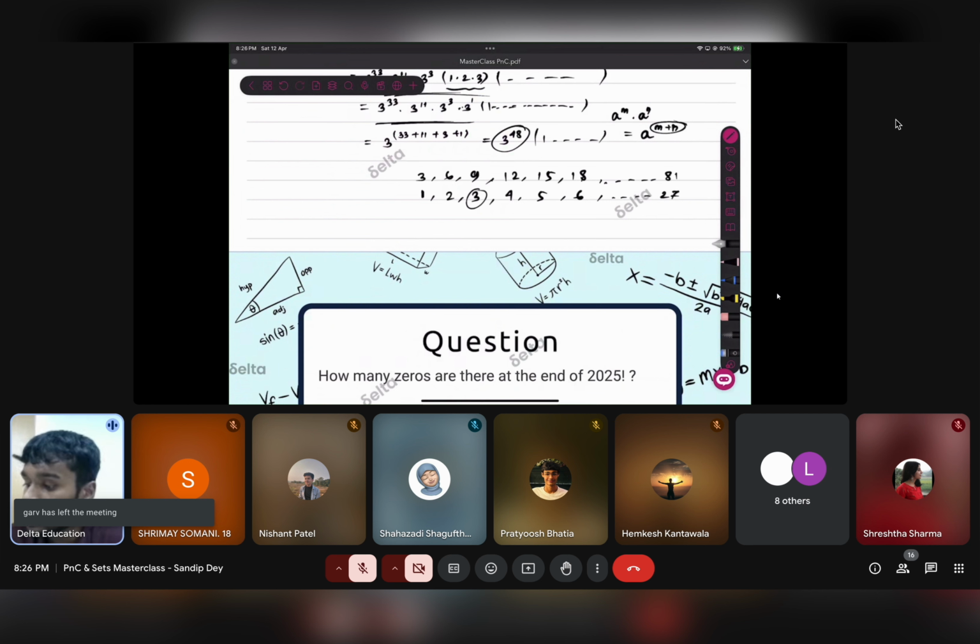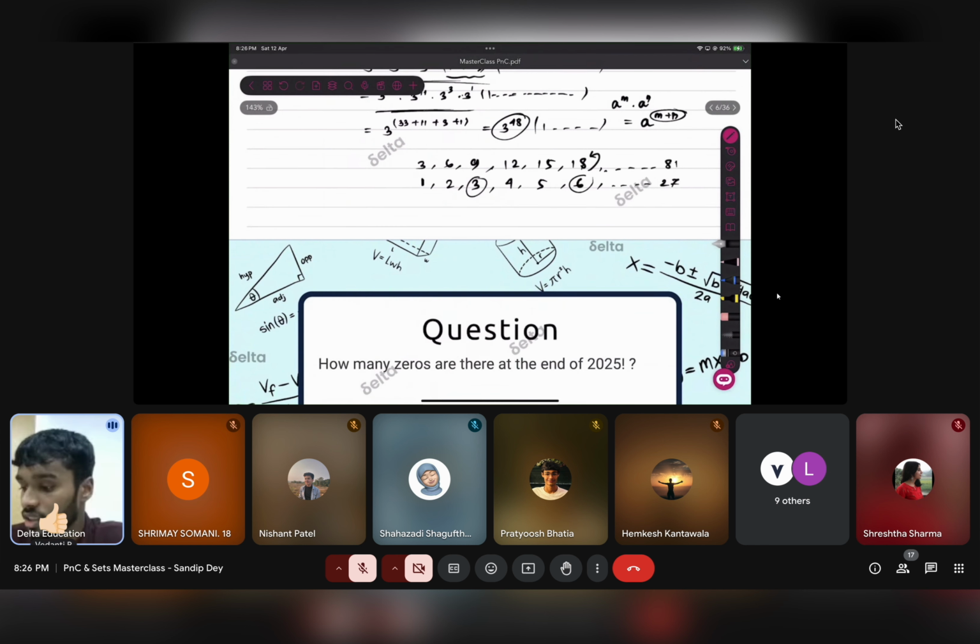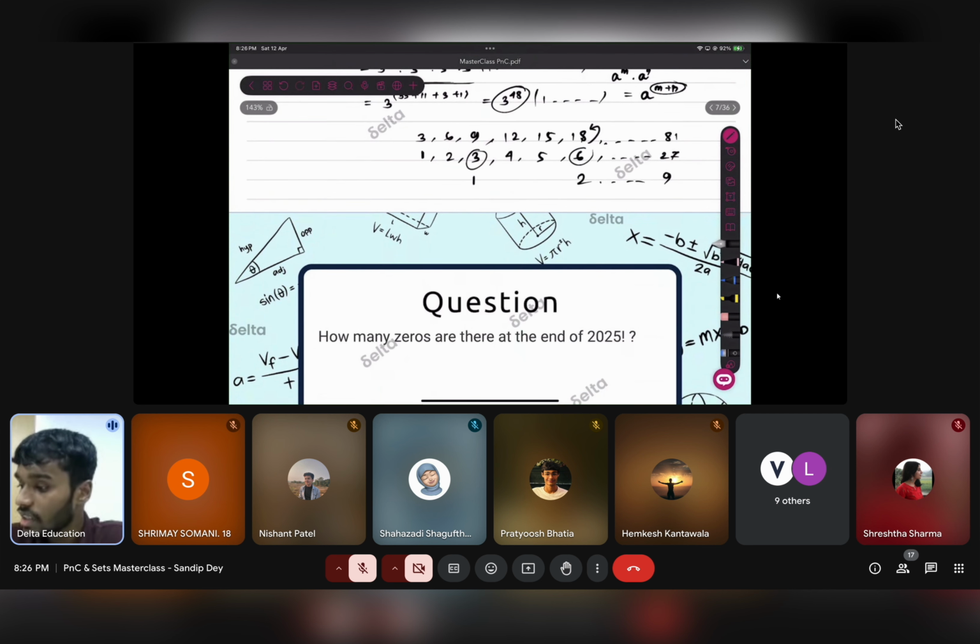It will be 3, 6, 9, and all those multiples of 3 which were previously the multiples of 9, right? Is it making sense? Okay. So again, when I divide these numbers by 3, I'll get 1, 2, and here I'll get 9. Then I can also divide it by 3 to get 3 and then 1, right?